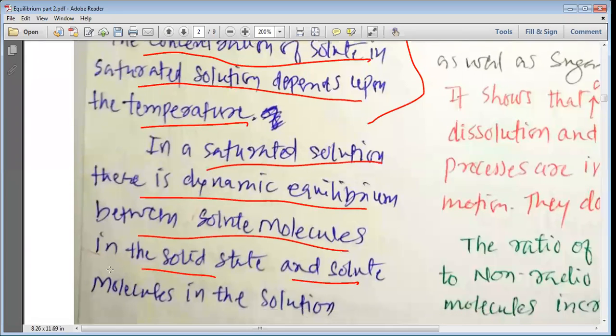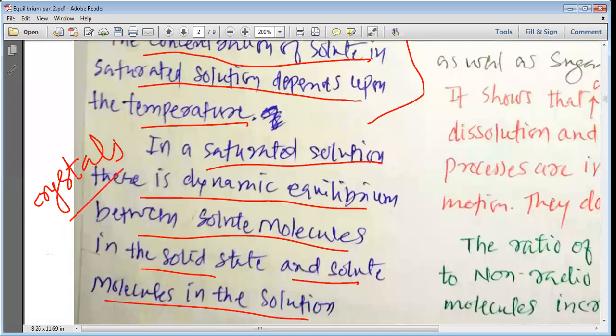So there is always an equilibrium established between the solid molecules which are present as crystals or in the solid form and those which are dissolved in the solution. So those are solids as a solute in solution.